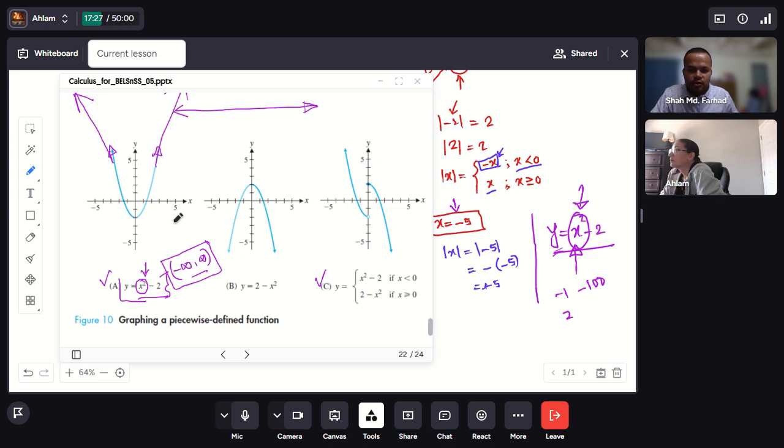So if we now go to the number line, then it will be from -infinity to +infinity, right?